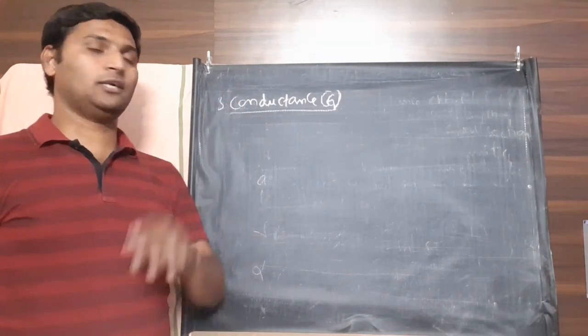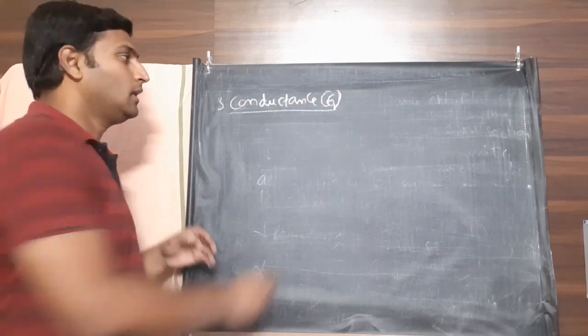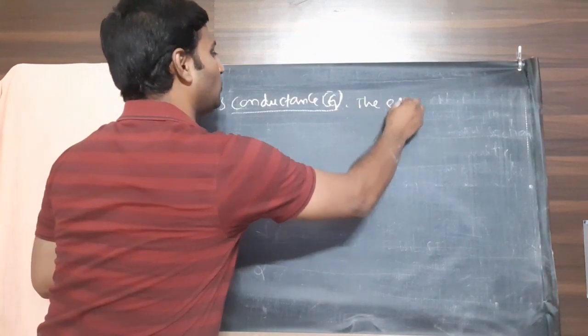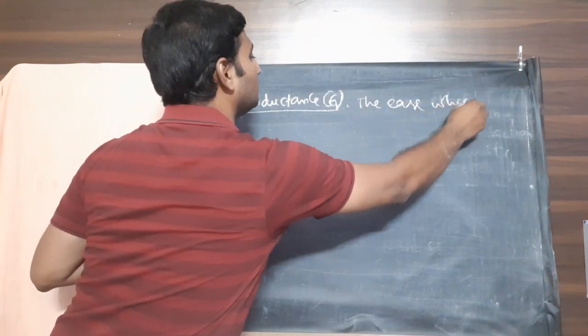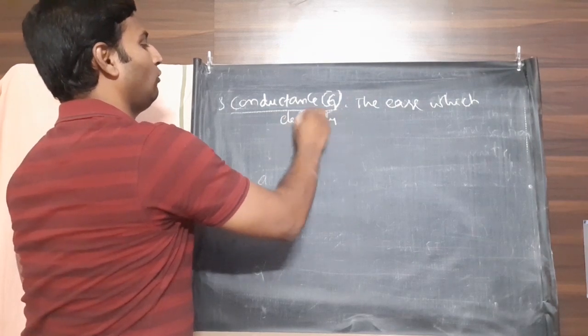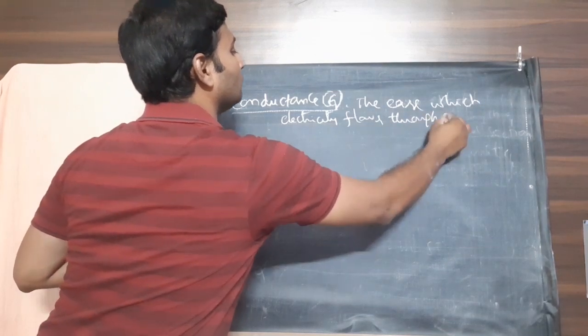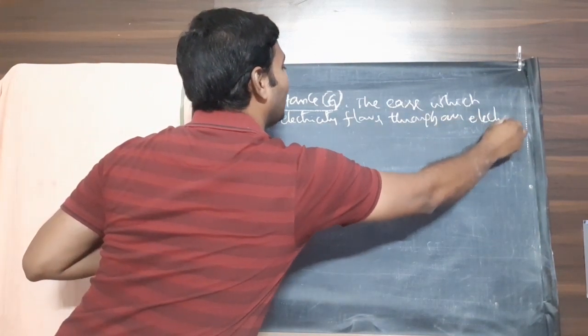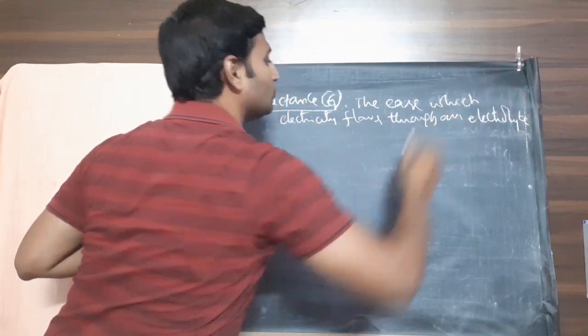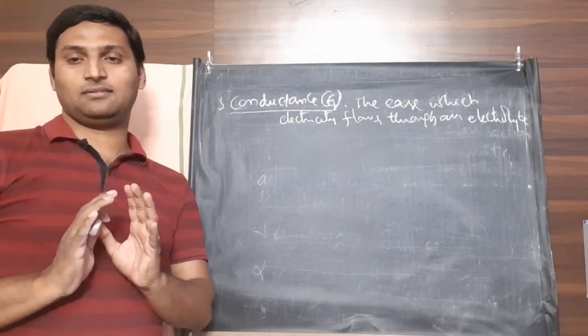Let us move on to the third property, conductance, denoted by G. The ease with which electricity flows through an electrolyte is called the conductance of that electrolyte. So obstruction caused is resistance, ease of flow is conductance.